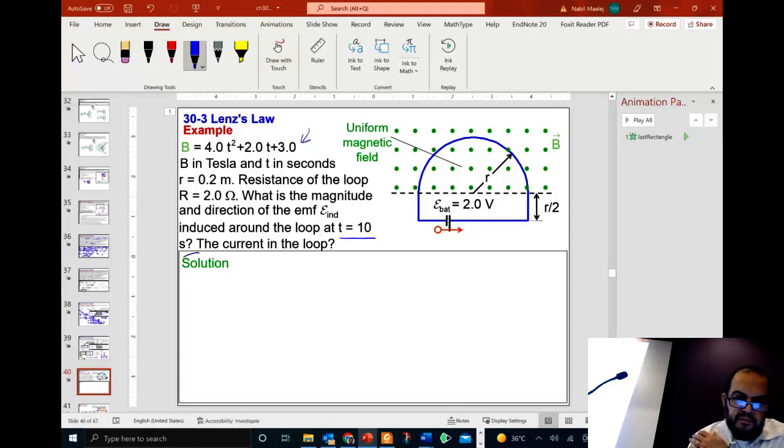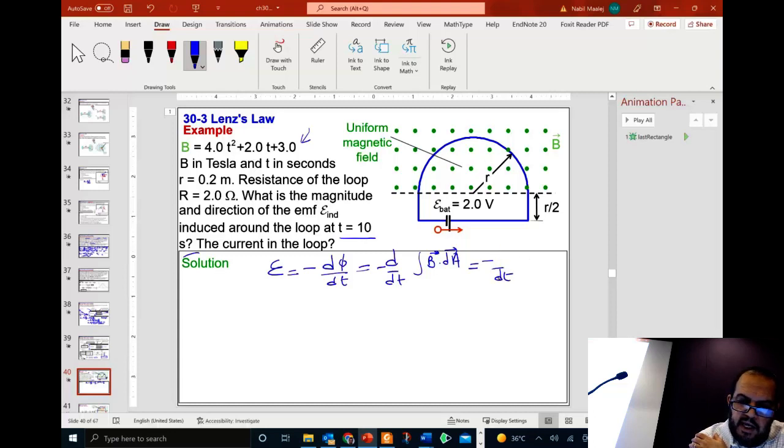All right, so I can write the equation. The induced EMF is always equal to minus the derivative of the flux with respect to time. So here, minus the derivative with respect to time of B dotted with A. Since B and A are in the same direction, B dotted with A is just BA.